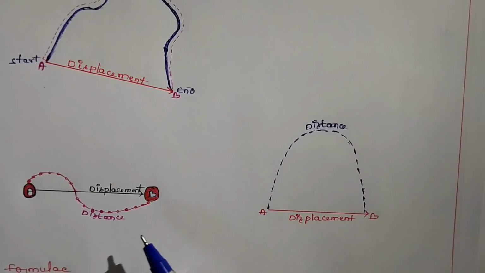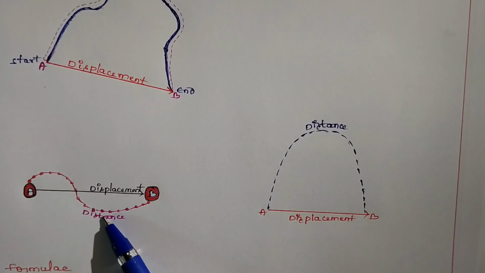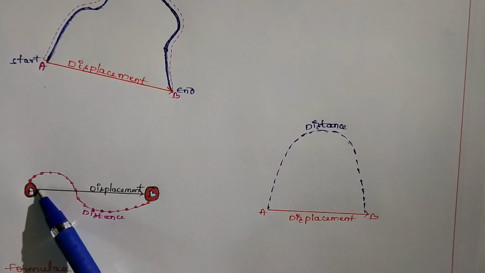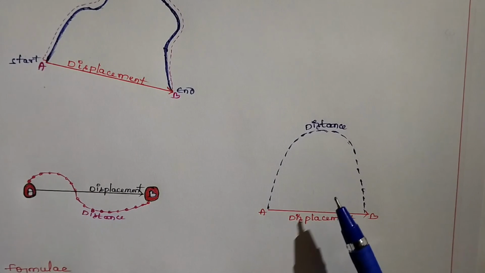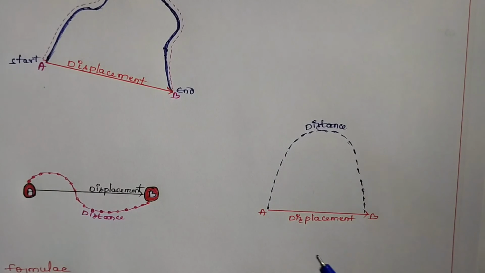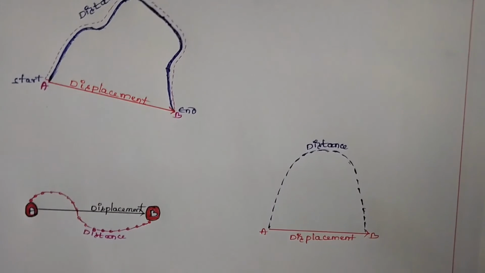Distance is a scalar quantity; it depends only on magnitude and not on direction. Displacement is a vector quantity; it has both magnitude and direction.